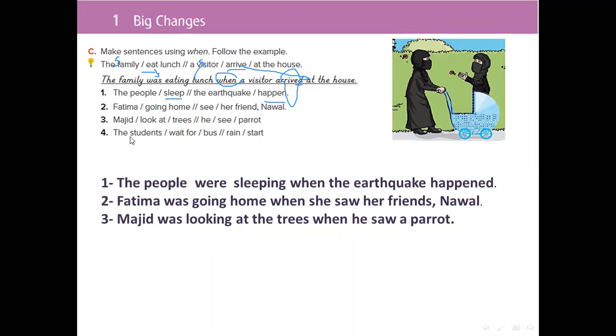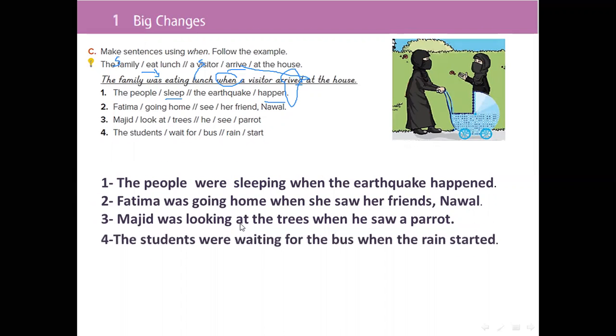Number 4, the students wait for bus, rain start. When we use when, excellent, before the second subject, where are the main verbs? Wait for and start. Now we will write the answer.